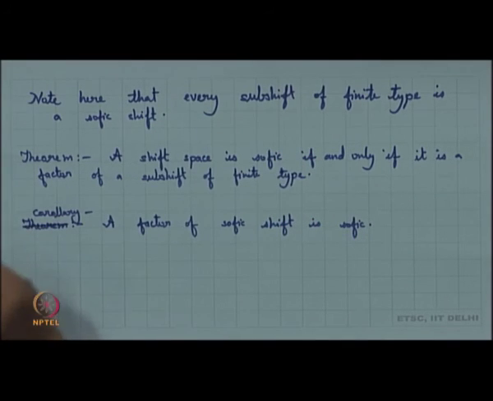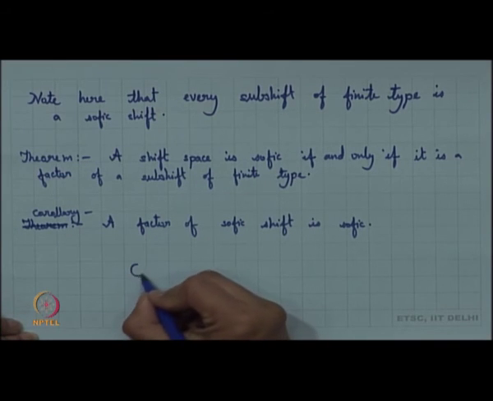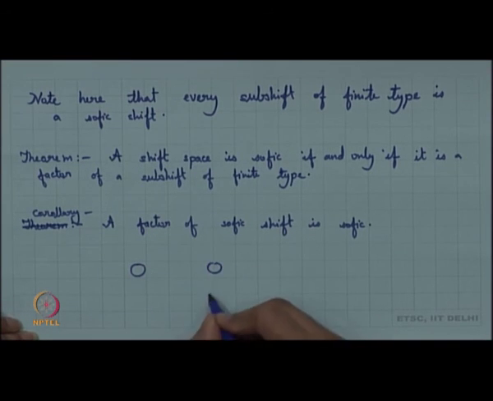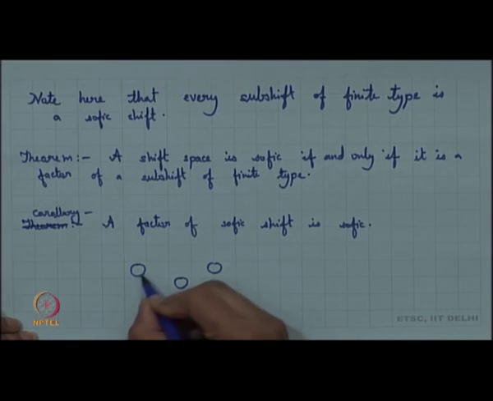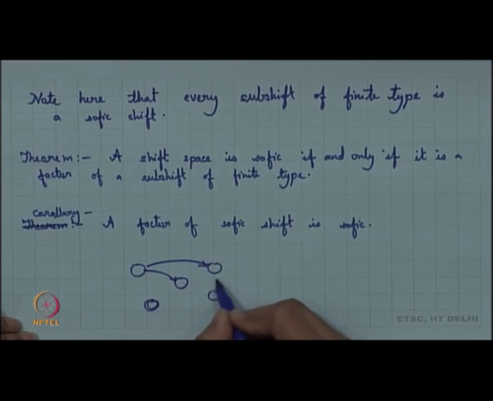The only thing I want to note here is that if you take up any labeled graph, it would be something like this. You have some vertices here, and for every vertex there is an edge joining the vertices.